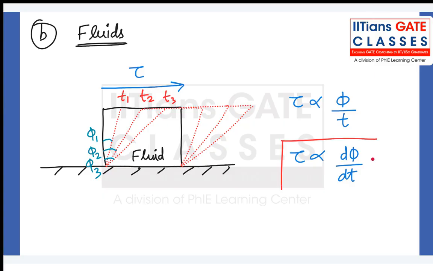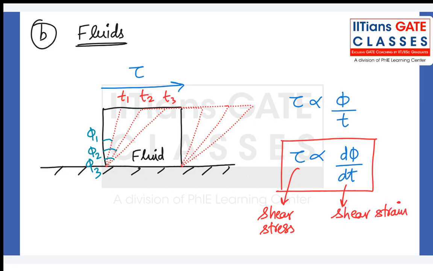Earlier, in the case of solid, we had shear stress proportional to shear strain, but here we have shear strain rate. Rate means if any quantity is changing with respect to time, it's called the rate of change.